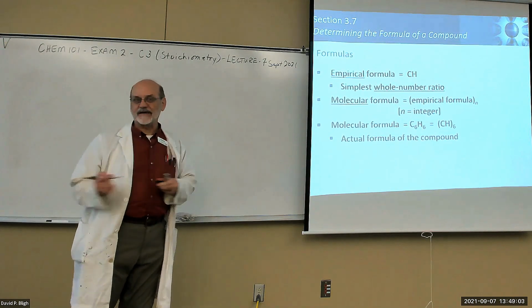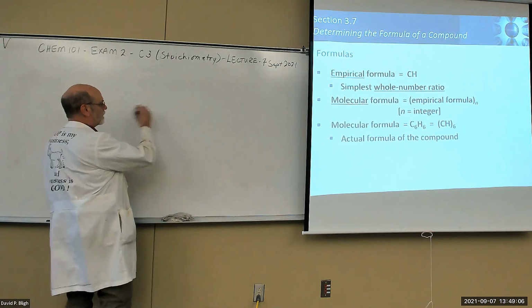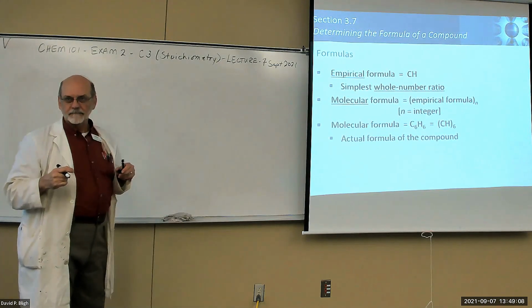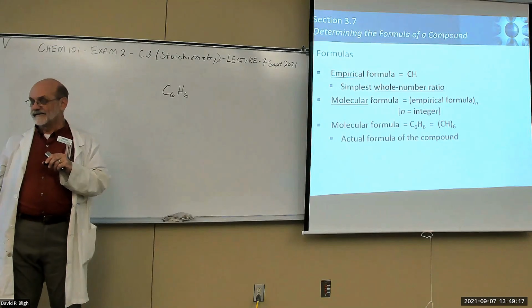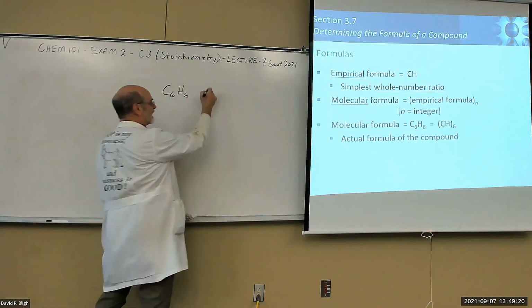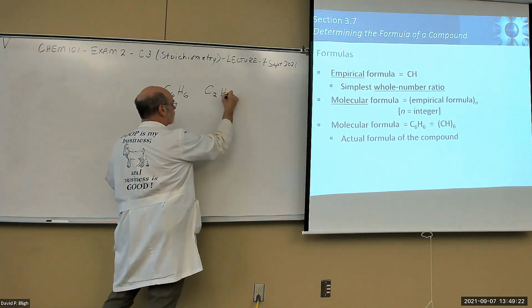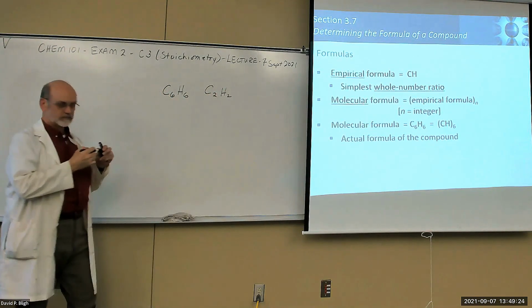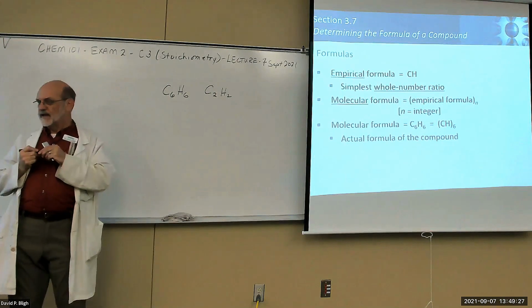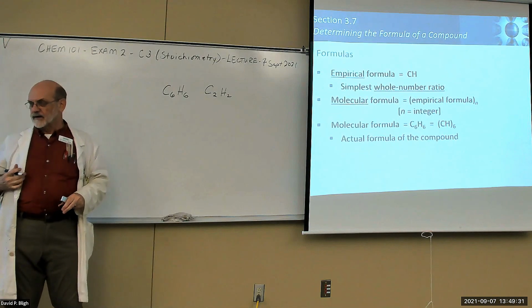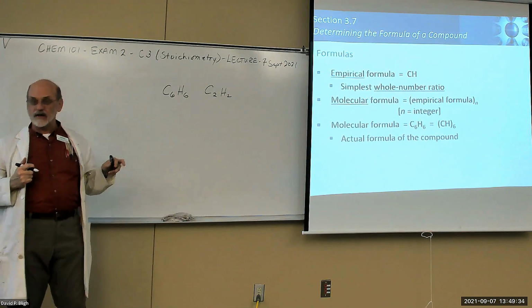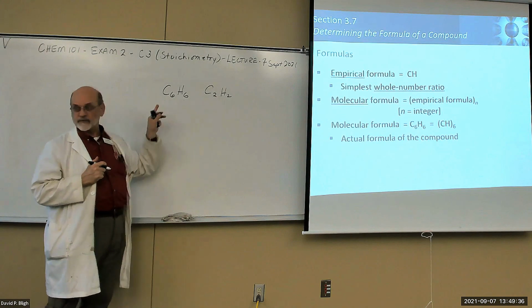So what do I mean by that? Well, let me use examples. How about the formula for benzene? It is C6H6. The formula for acetylene is C2H2. What's the simplest whole number ratio for each of those compounds? Well, you have to be able to divide the number into their subscripts.